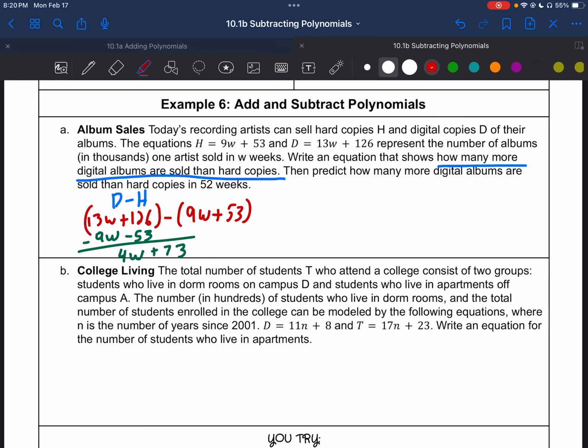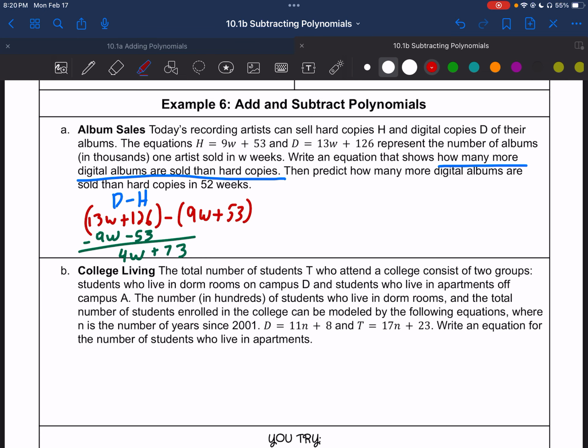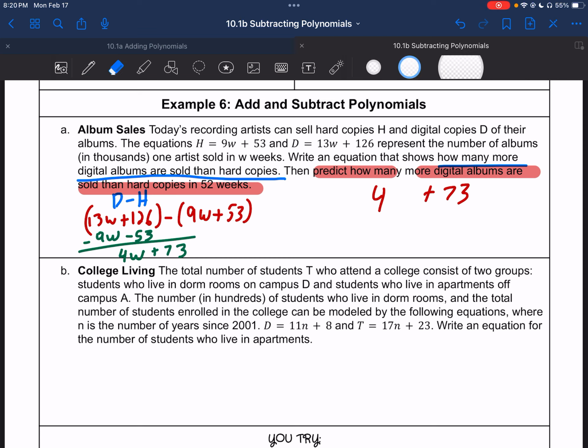So CDs or vinyl. So we also want to predict how many more digital albums there are in 52 weeks. So we're going to take our expression there and we're going to do 4W plus 73, and we're going to substitute in, instead of W, the 52 for how many weeks there were.